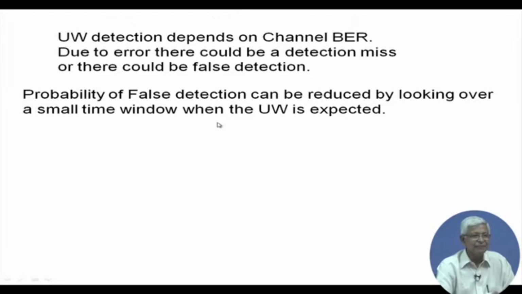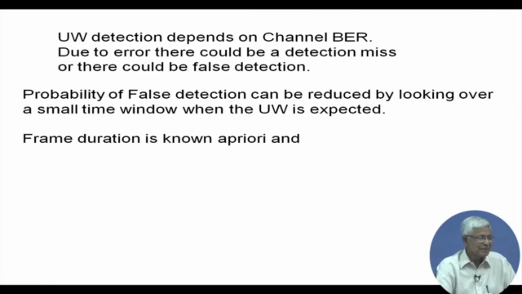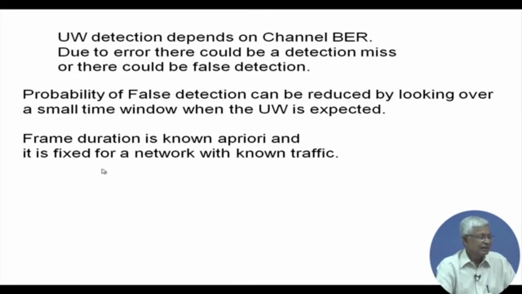Instead of looking everywhere over the complete data stream, if we know where the Unicode is, I create a window, and if you look within that, false detection will obviously be much less. So the frame duration has to be known a priori, and the frame duration and its repetition are fixed for a network with known traffic.